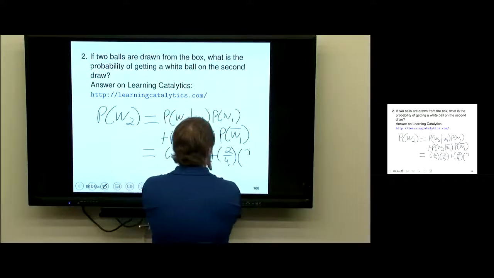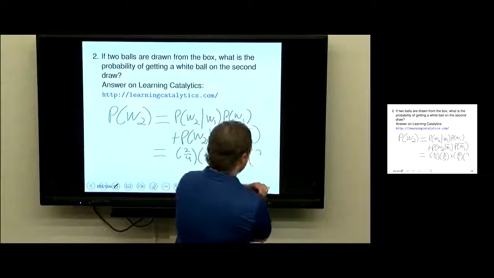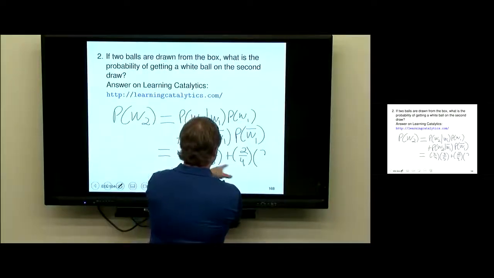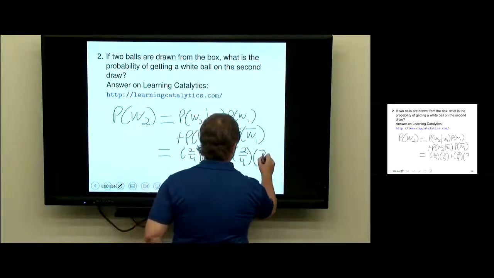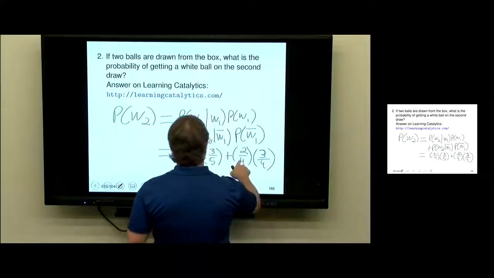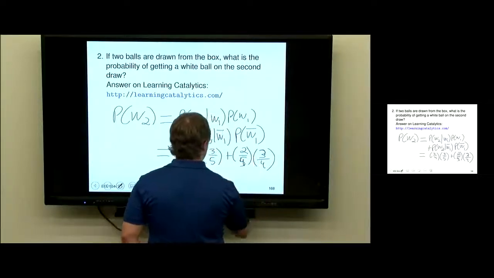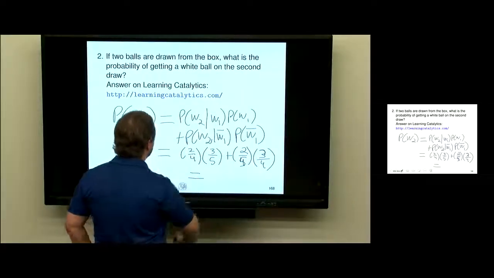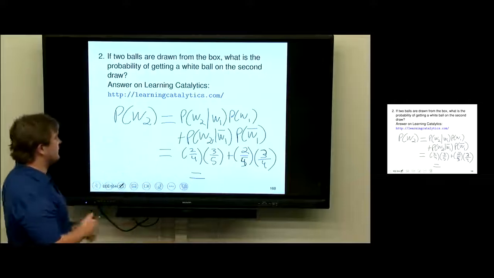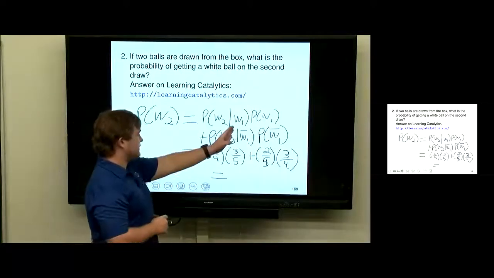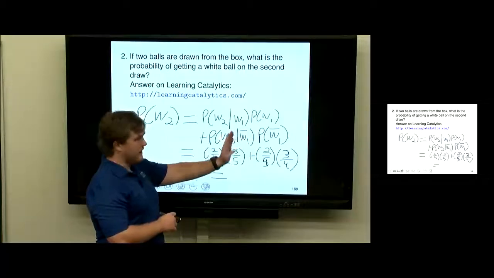Probability of drawing a white after not drawing a white is 3/4. Yes. This is 2/5. So the solution is to apply total probability and condition on W1 and not W1.